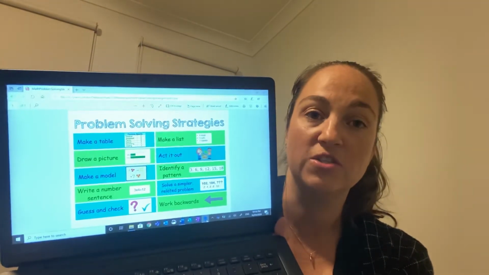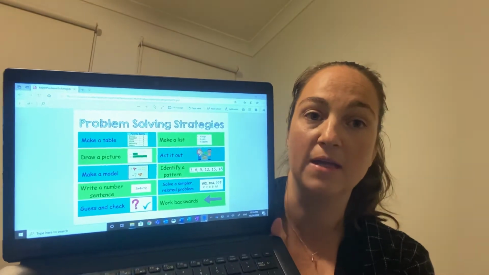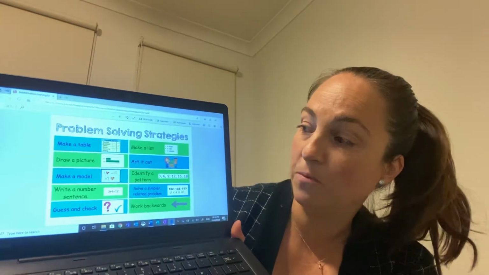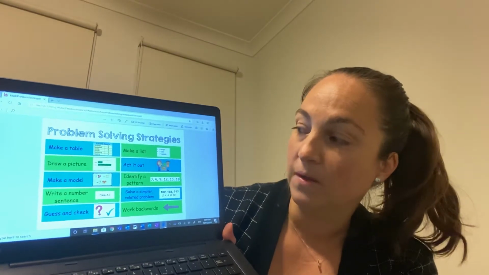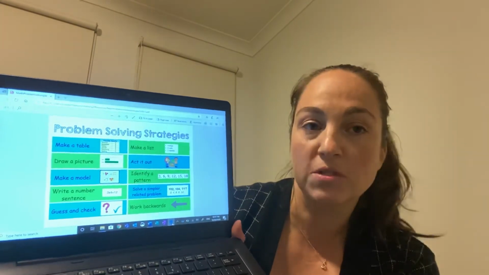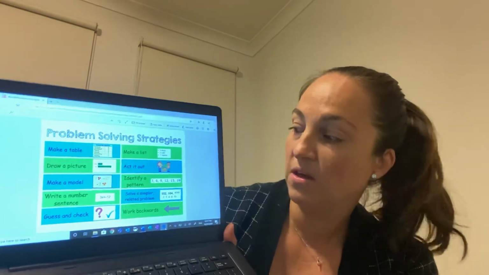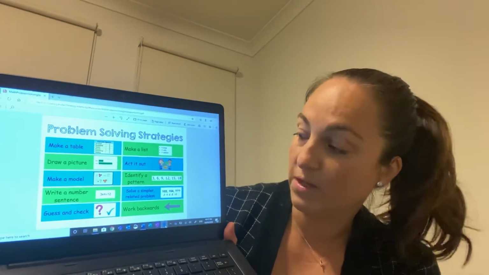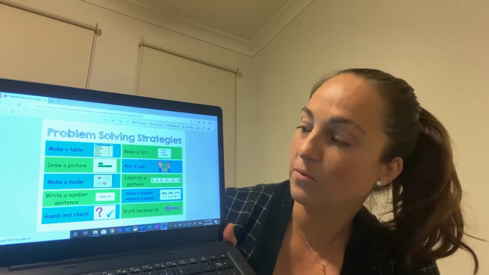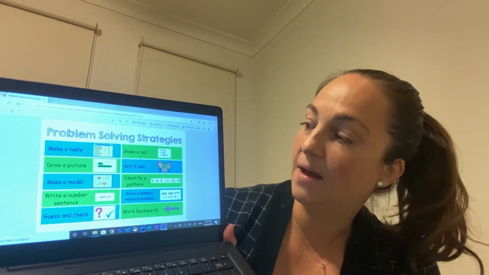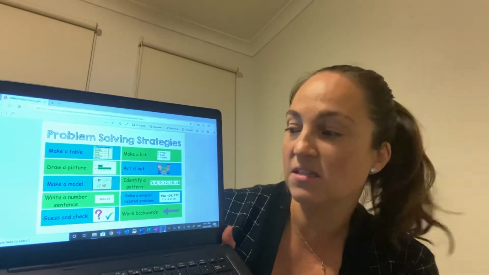The key strategies that we have been talking about include make a table, draw a picture, make a model. Those ones are some of the most important ones to start with. We've also spoken about solving a similar or a simpler related problem. We've also spoken about making a list of things.